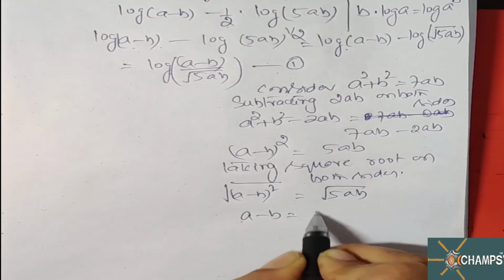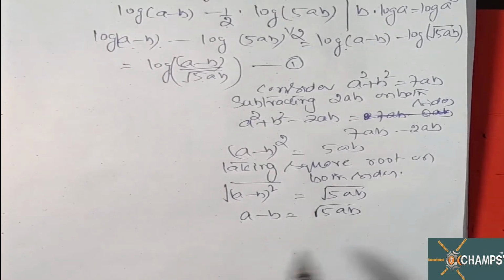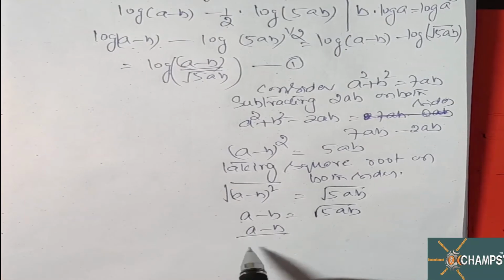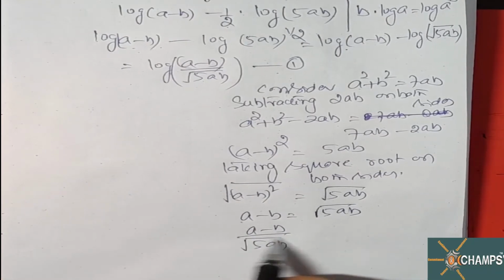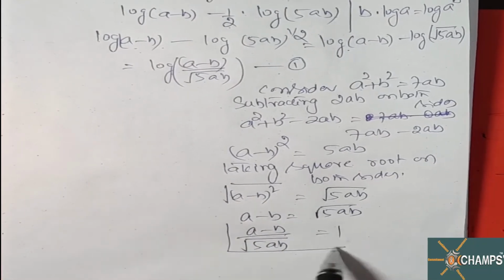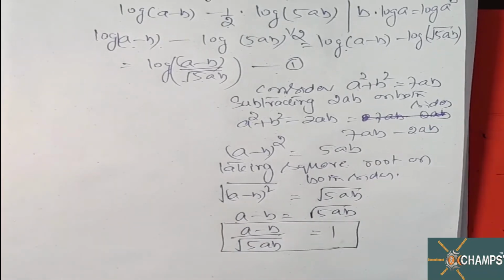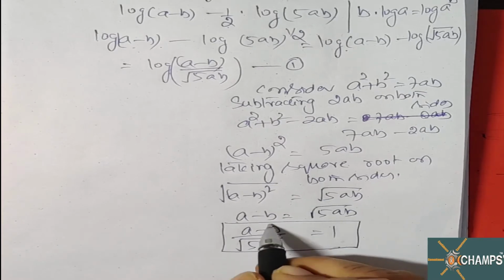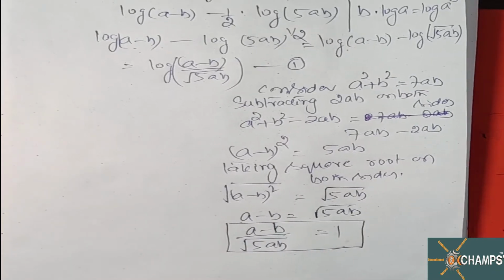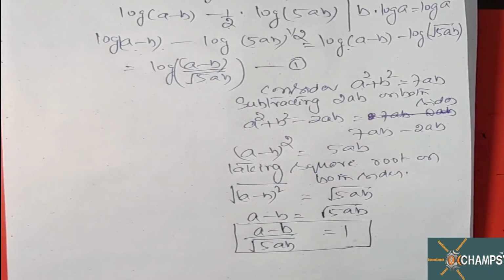A minus b is equal to square root of 5ab. Otherwise a minus b divided by 5ab under root is equal to 1. By considering a square plus b square is equal to 7ab, we established a relation this way.